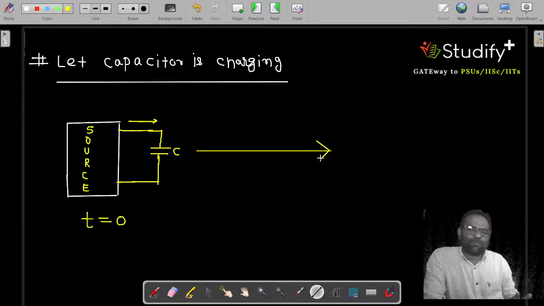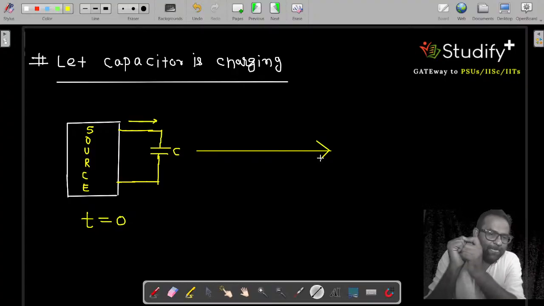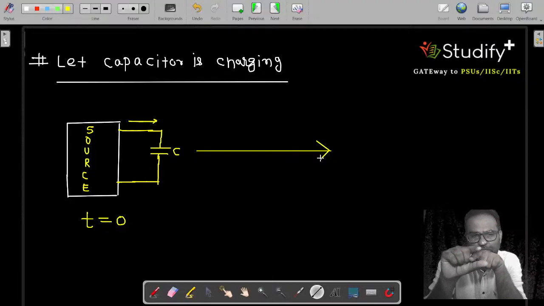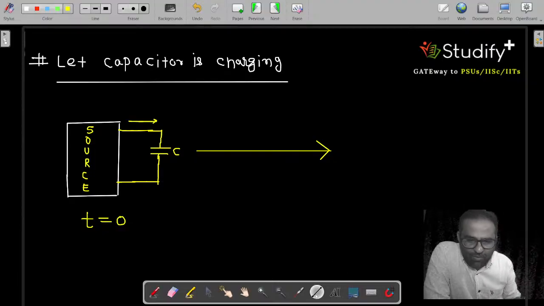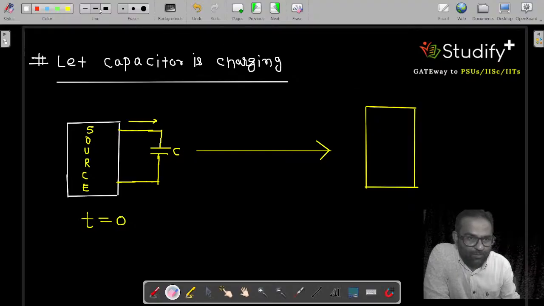So this value is very small, but for theoretical reasons, from the point of view of mathematical expression, we have connected our capacitor to the source at t equal to 0, and if you want to know how the capacitor will behave in steady state, you can calculate it very easily, by the concept of minimum and maximum value.